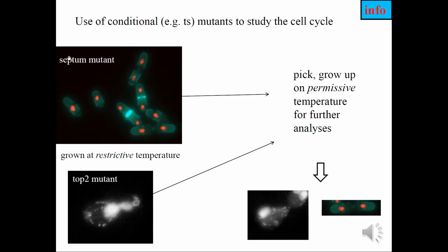This again is an example of what we talked about with, for example, the yeast. Use of conditional mutants to study cell cycles. E.g., I think they meant temperature. Yeah. So, just by changing the temperature, which means that you're changing the condition, you can cause mutation in some cells, for example, yeast cells, and that way you can study the cell cycle.